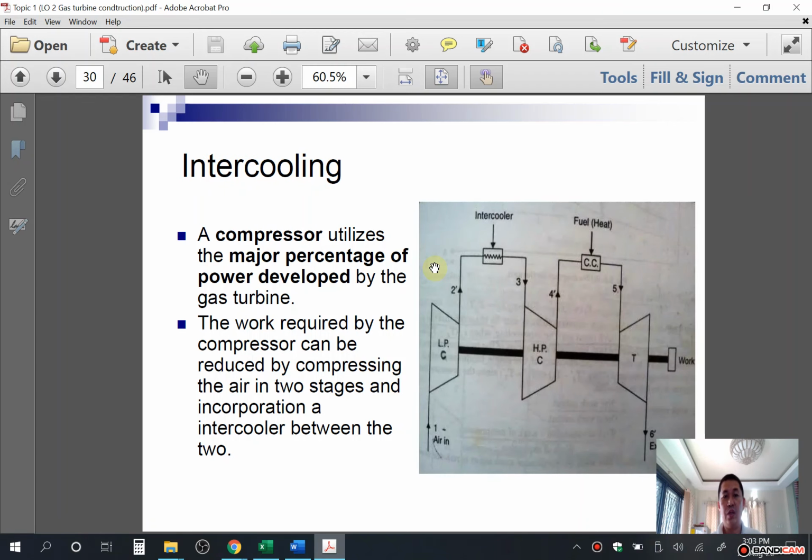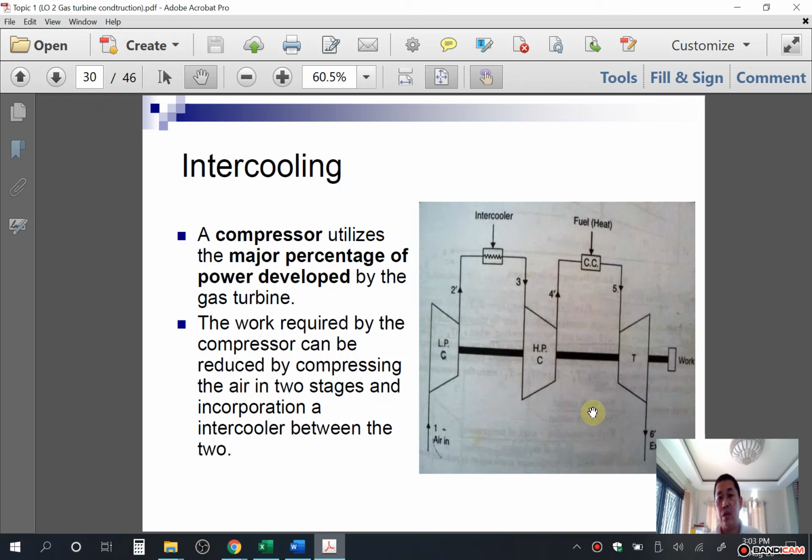So intercooling: the compressor utilizes a major percentage of the power developed by the gas turbine. The work required by the compressor can be reduced by compressing the air in two stages and incorporating an intercooler between the two. So here, you have the intercooler here. So low pressure, high pressure, and you have here the turbine.